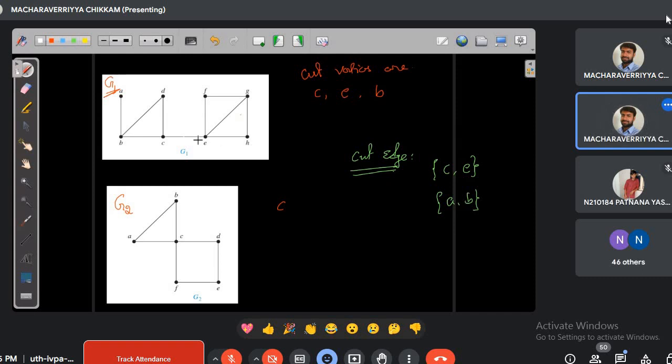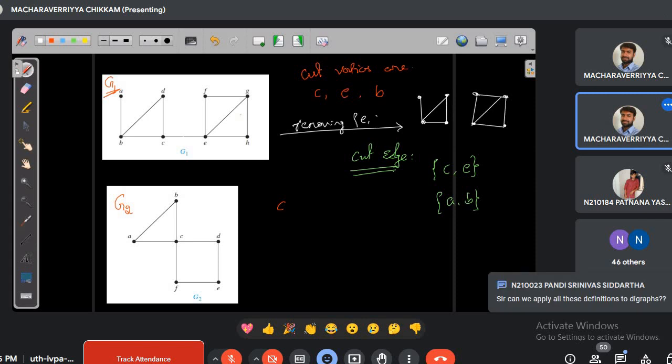For example, by removal of the edge EC, this is the graph we obtain. We are not removing vertices.